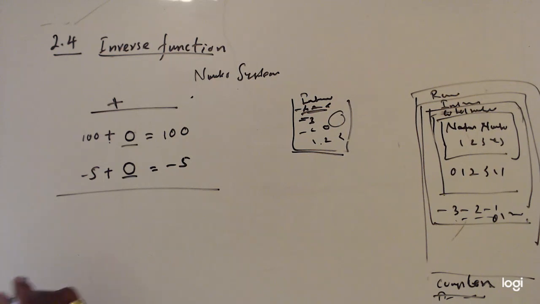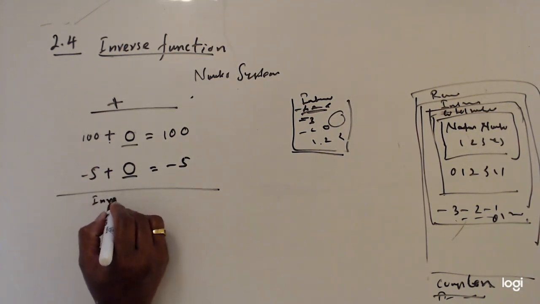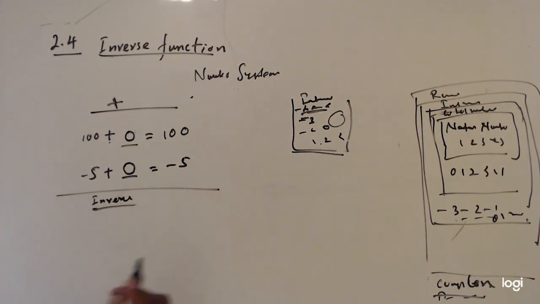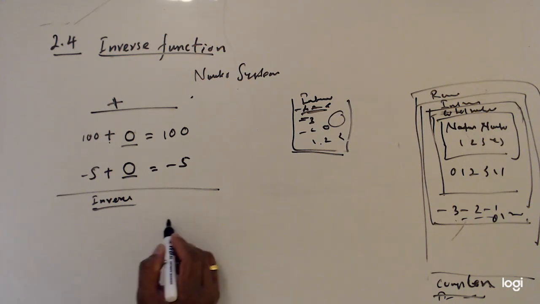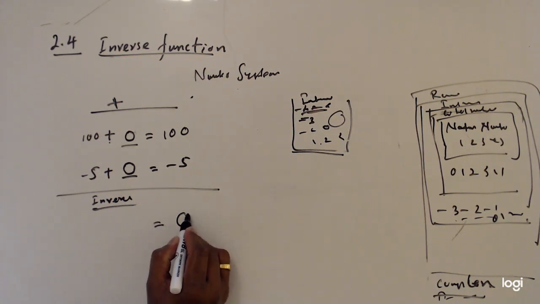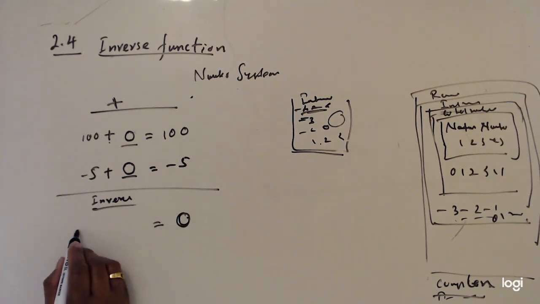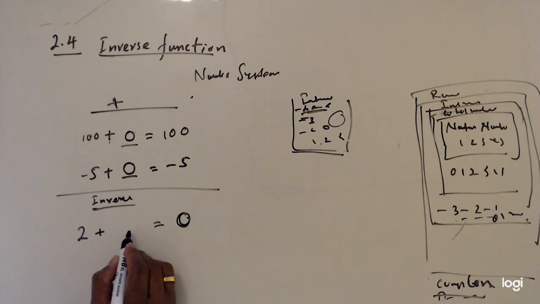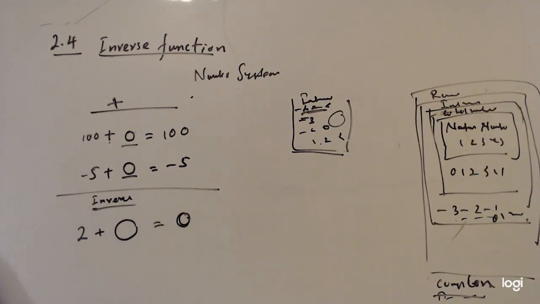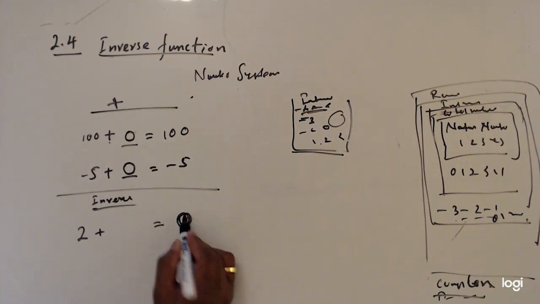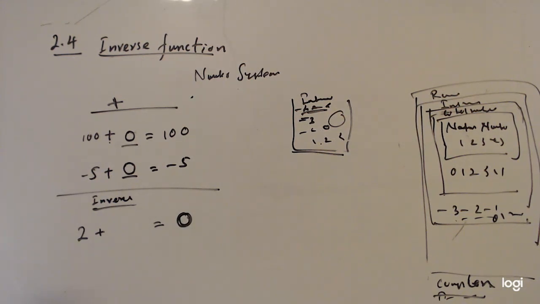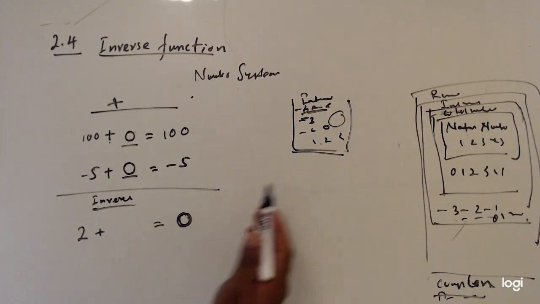Now what is inverse? Inverse means under addition, you should get 0. If you select any element, I will take 2, and when you add another element, you should get the identity. Now you have 2 here.